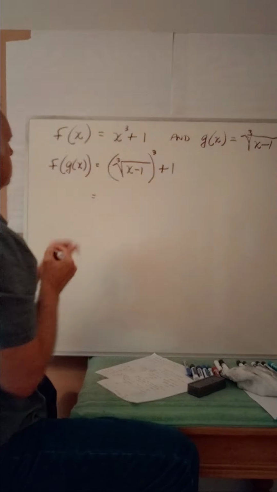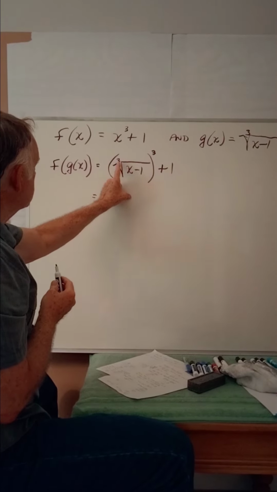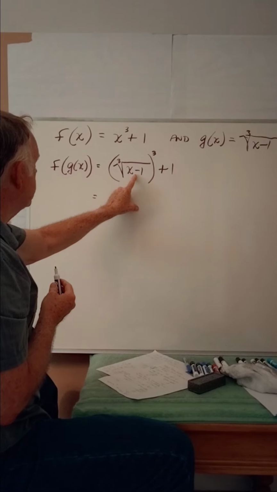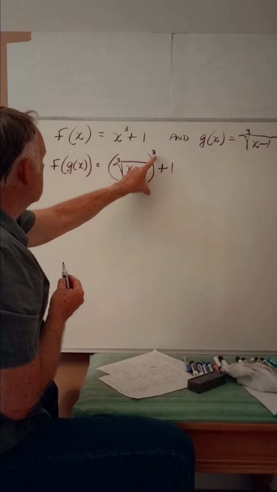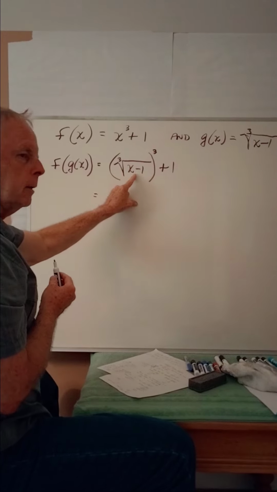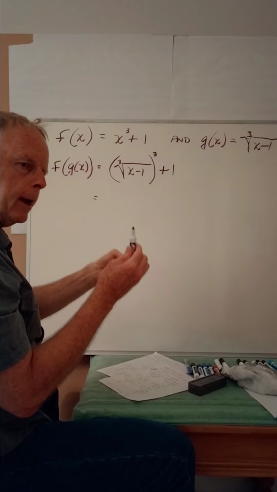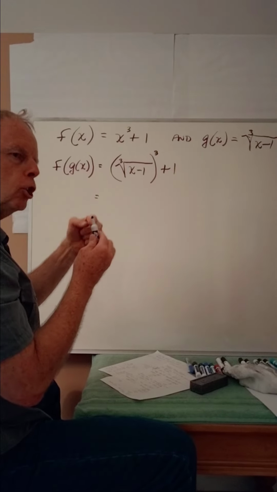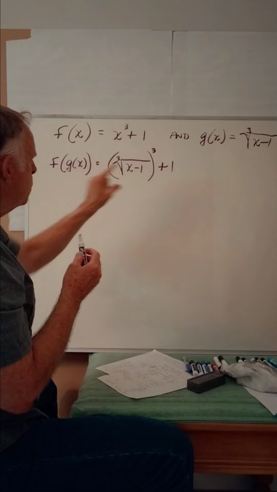Let's come down. If we take the cubed root of this radicand x minus 1, and we cube it, you get the radicand. When you square a radical, you get the radicand. When you cube a cubed root radical, you get the radicand.